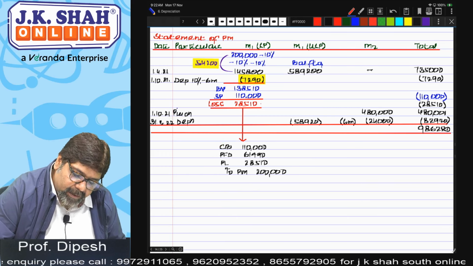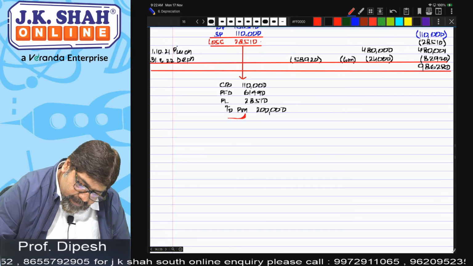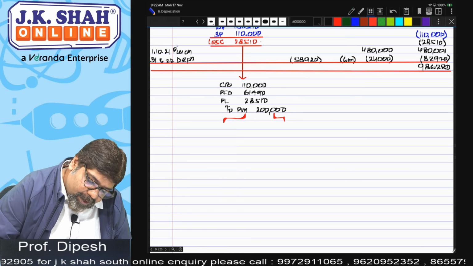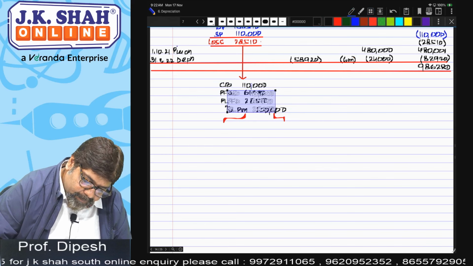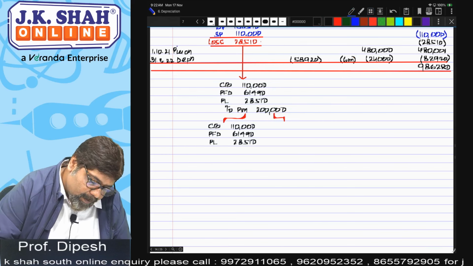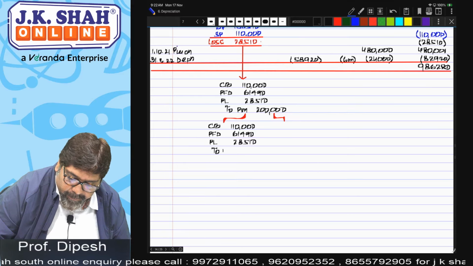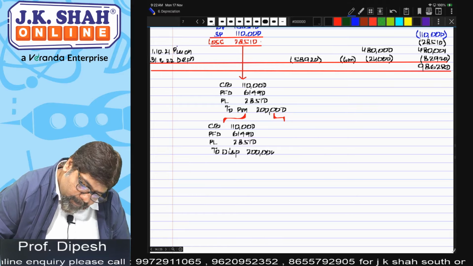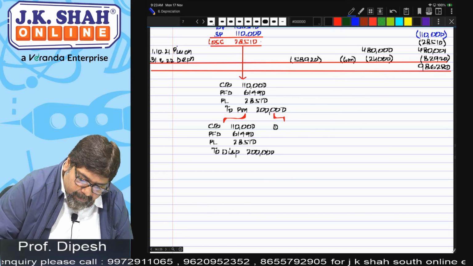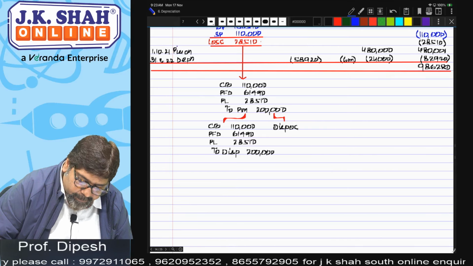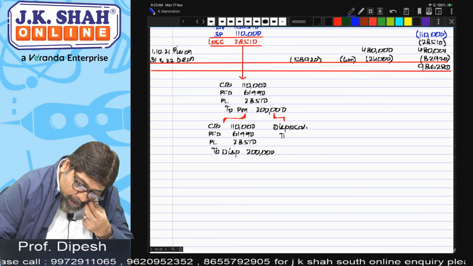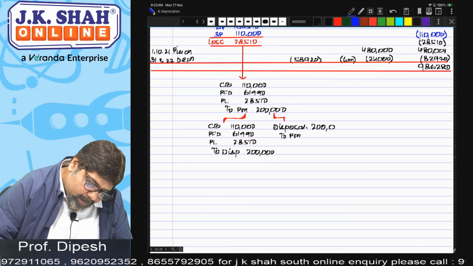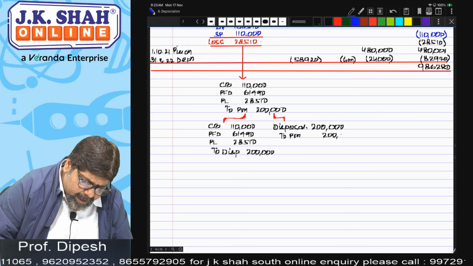Now, wonderful. This journal entry will be broken into two parts because we are supposed to use disposal also. So the journal entry will become: to disposal, two lakhs, and second is disposal to plant and machinery, 2 lakhs. Correct?